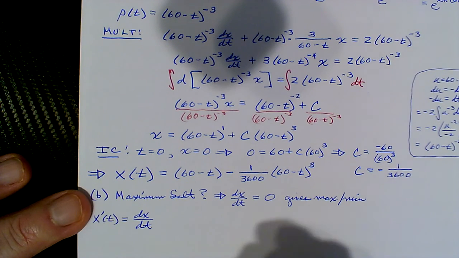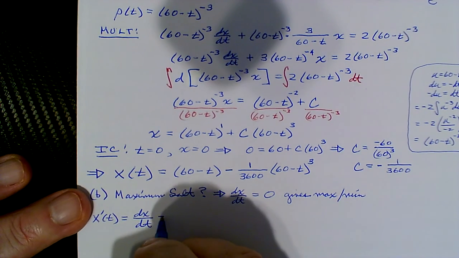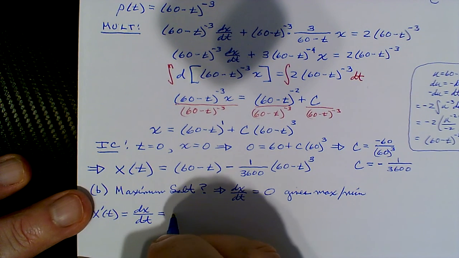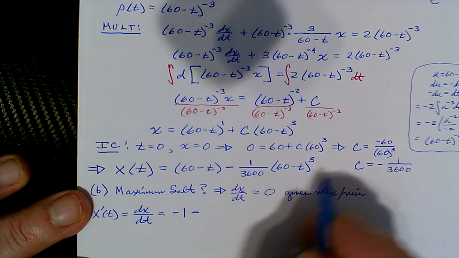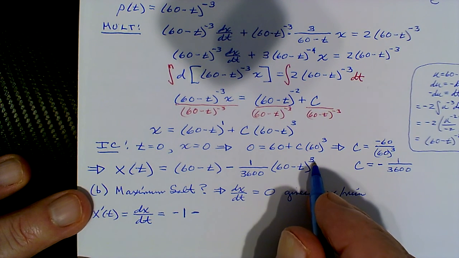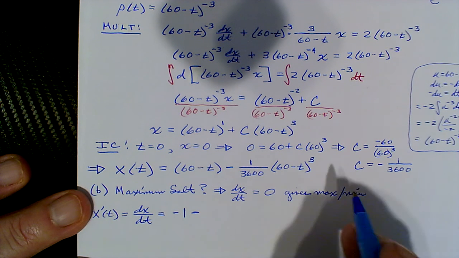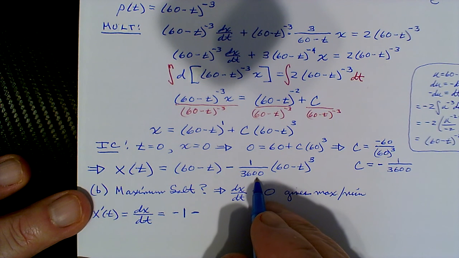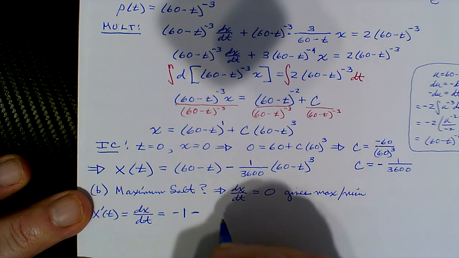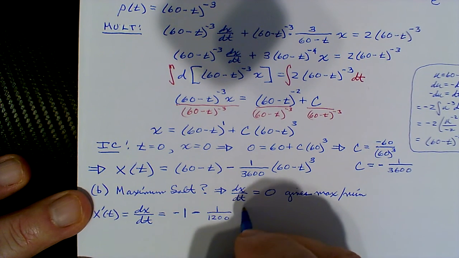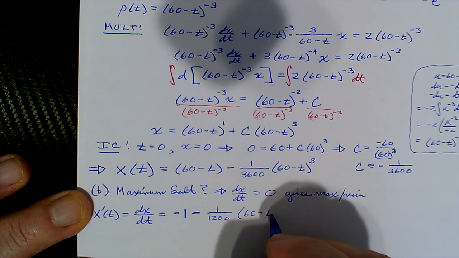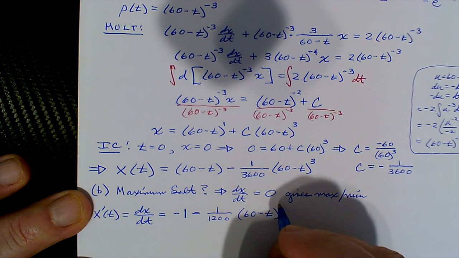And so that's going to be the derivative of 60 minus t, which is just minus 1. Here we need the general power rule. Swing down the 3 times 1 over 3600. And we get 1 over 1200 times the quantity 60 minus t, power 1 less, 2.